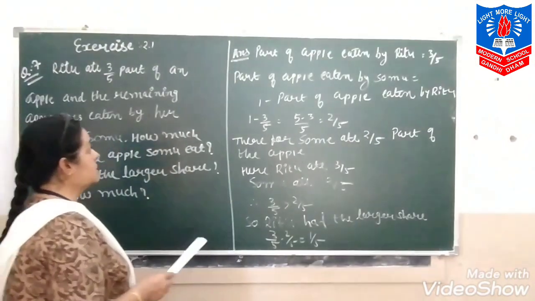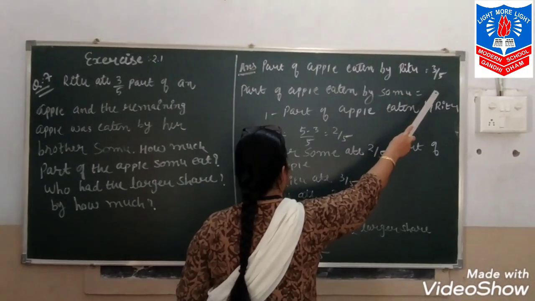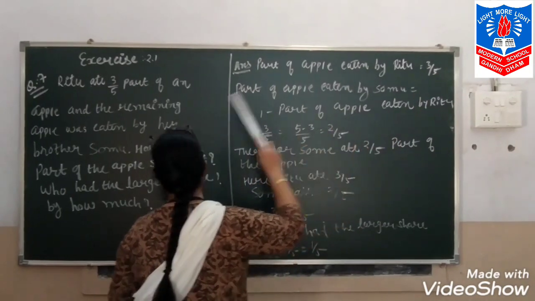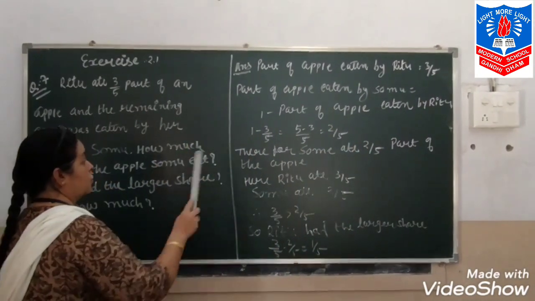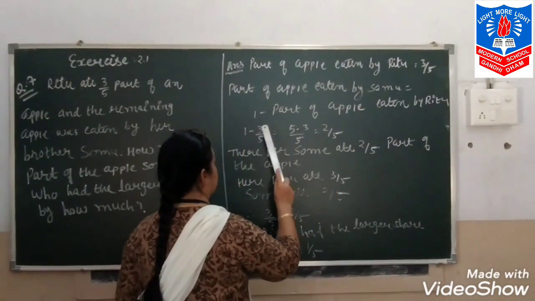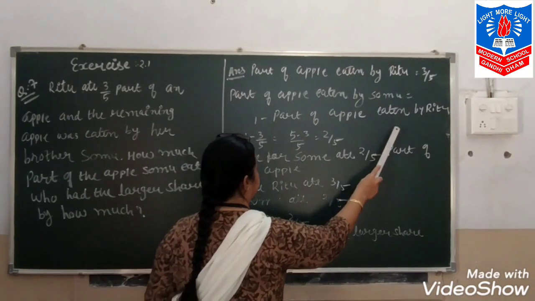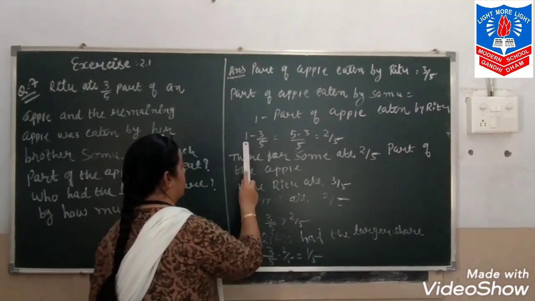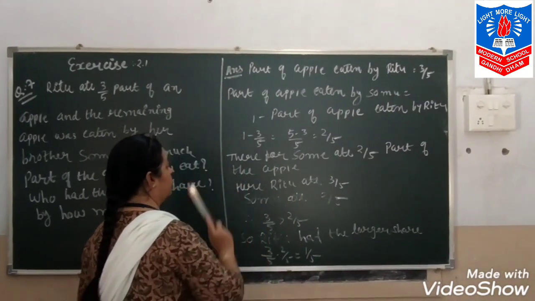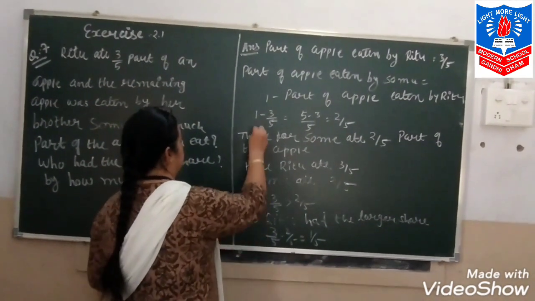In this question, the part of apple eaten by Ritu is equal to 3 upon 5 is given. So the part of apple eaten by Somu is equal to 1 minus the part of apple eaten by Ritu. So 1 minus 3 upon 5. Here is 5 and here there is no number.